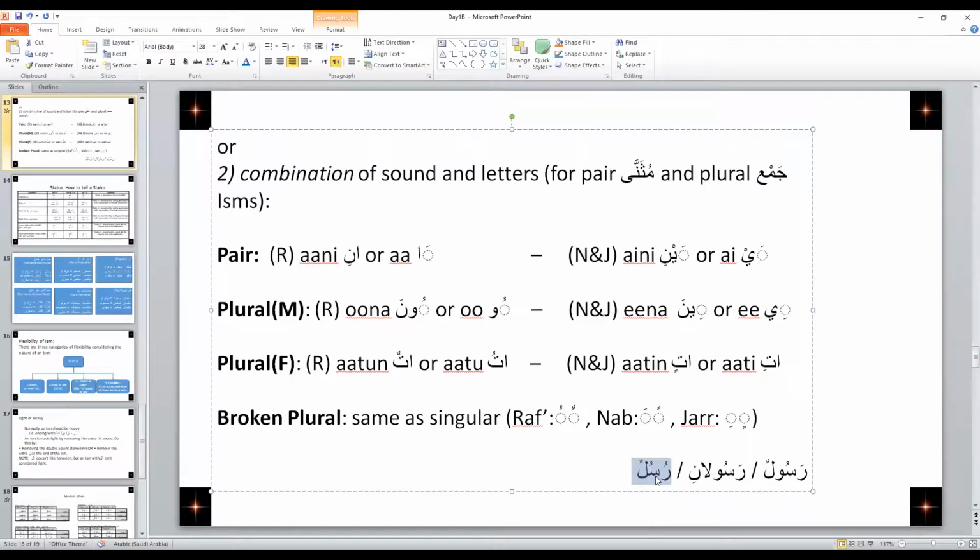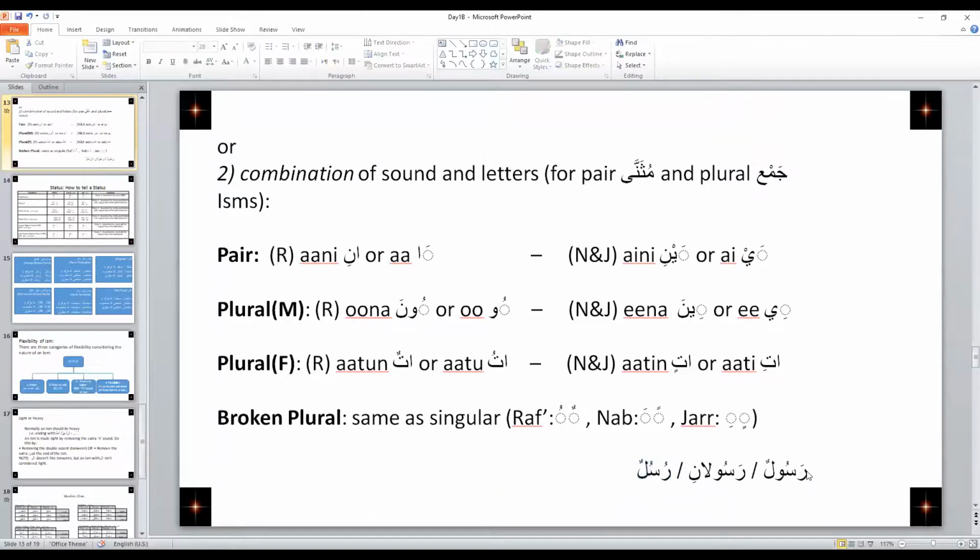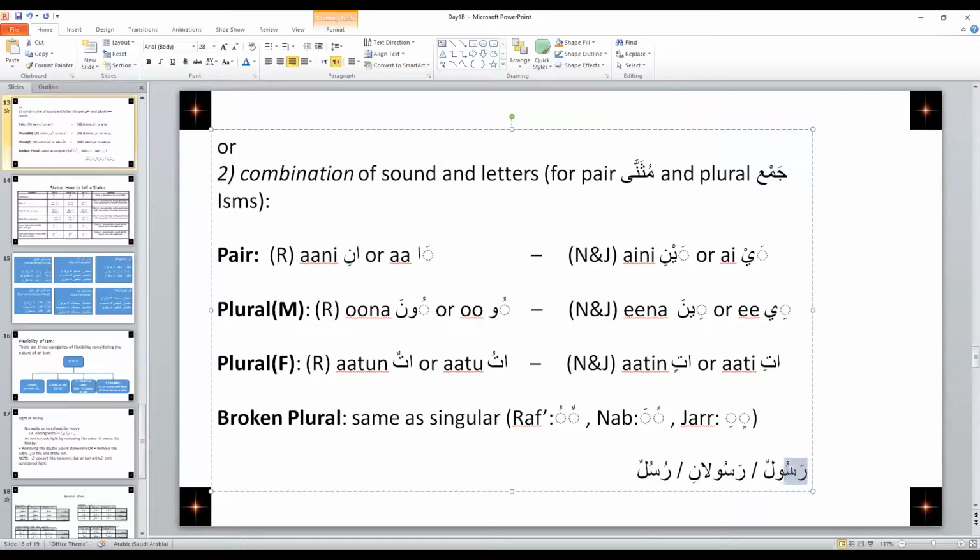Why is it broken? The word broken is because if you look at the formula form of the singular, it has ra, su, lun. The same thing with the pair, ra, su, and then l, and then the ani is added. But in this case, when it came here, it changed to rusu. It's broken. That's why it's called broken plural.